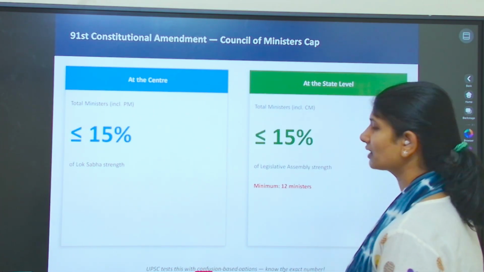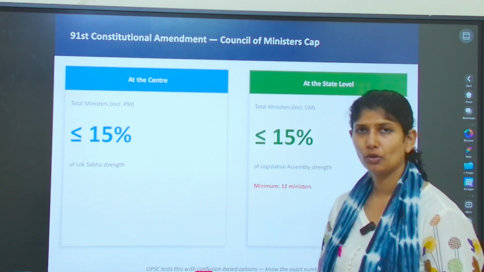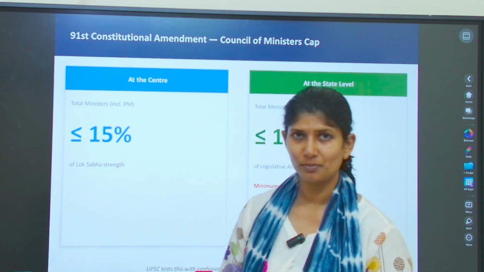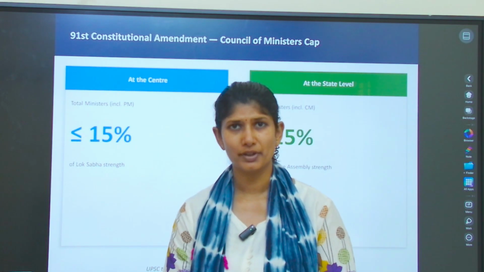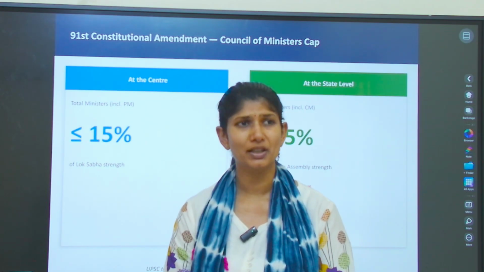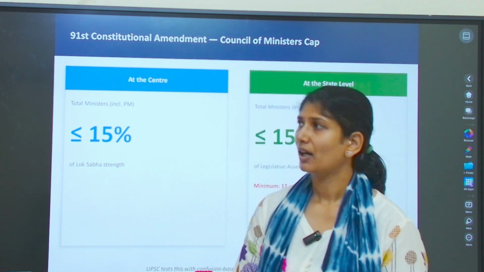Next, the same thing we discussed: the 91st Constitutional Amendment put a cap on the council of ministers, in order to avoid bulking up of the COM, which would become large in number where effective decisions cannot be taken. Understanding?